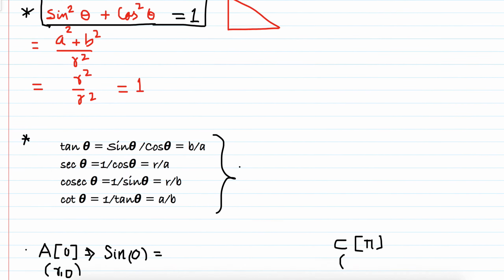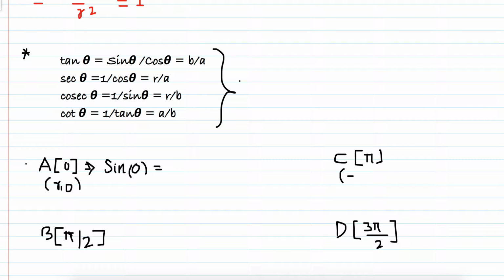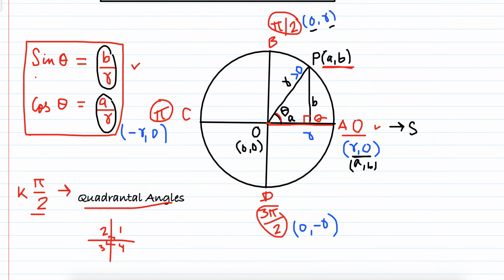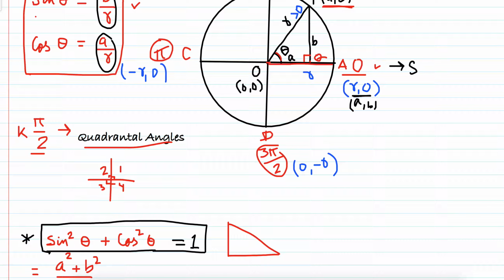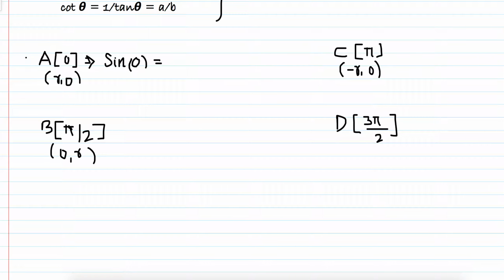And for C we had minus R, 0. B is 0, R and D is 0, minus R.